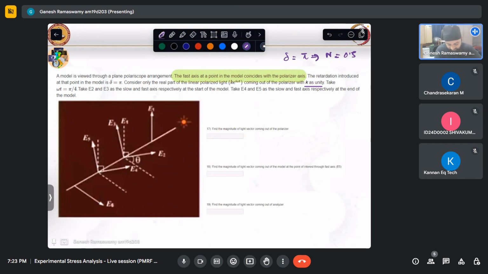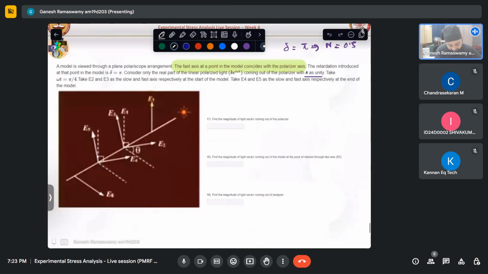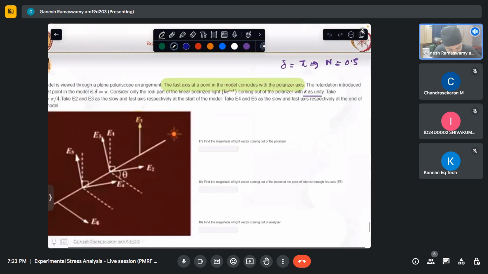So what are we trying to say here? We have this line. We have this E1. This is the polarizer, the first polarizer. Then we come here, we have two axes that are aligned at some theta to the datum, to the polarizing axis. And it is actually given in this question that the fast axis at this point coincides with the polarizer axis.